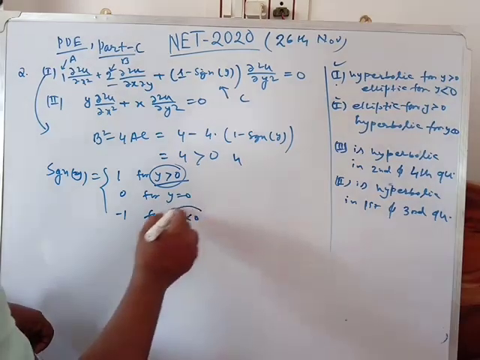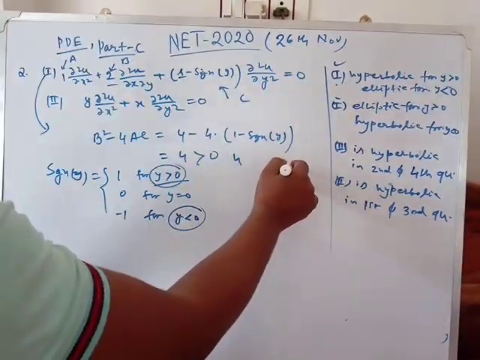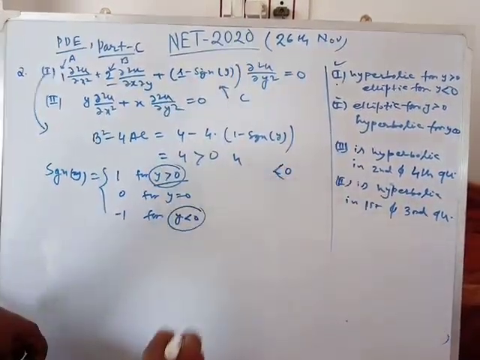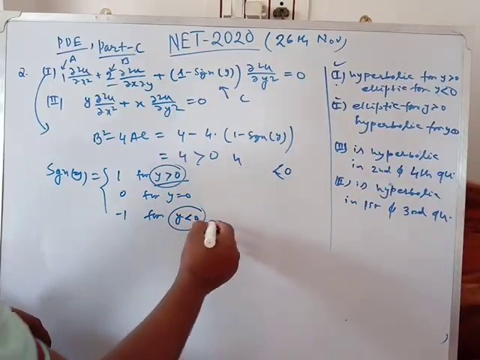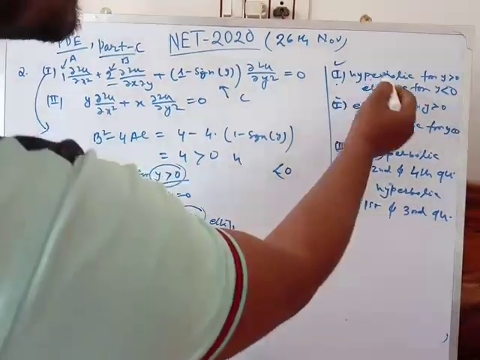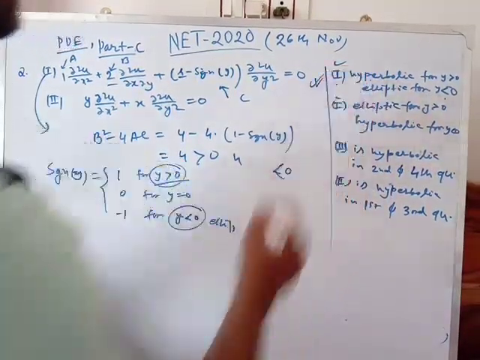And if we take y less than 0, so minus 1, this will be plus, and b square minus 4ac will be less than 0. So we get for y less than 0 elliptic, and for y greater than 0 hyperbolic. So hyperbolic, and for y less than 0 elliptic. So this option will be correct.